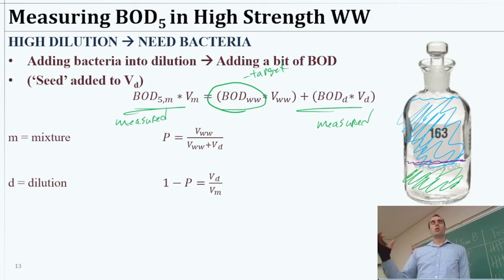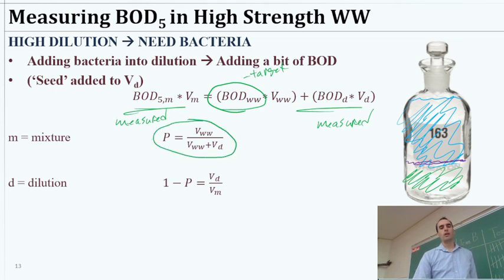Okay, so it's the same process, just adding a little bit of algebra here with the mass balance in that manner. M meaning the mixture, D meaning the dilution, and here now we're saying that the P factor is the volume of the sample divided by the sample plus the dilution. It's essentially the same as it was.